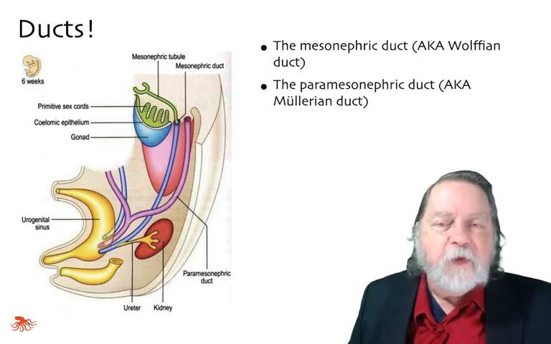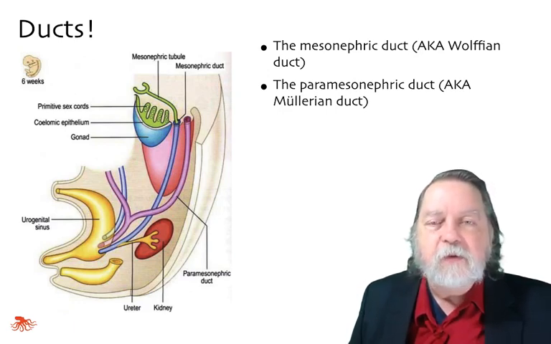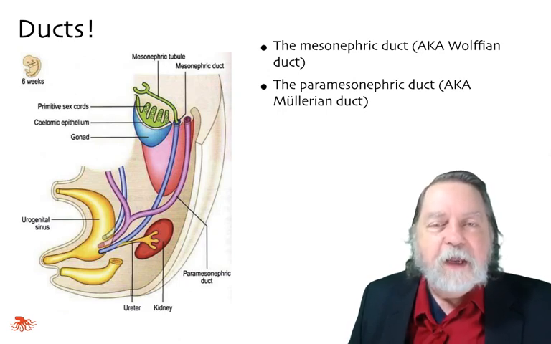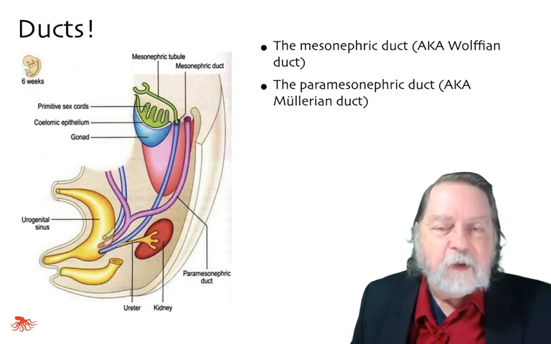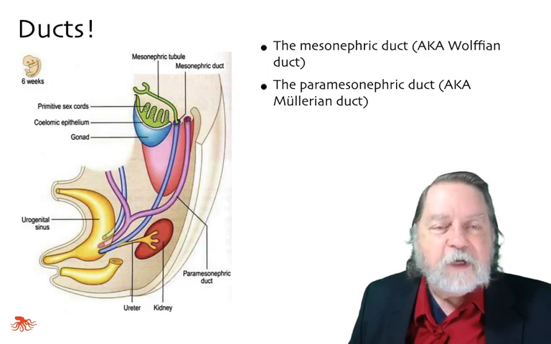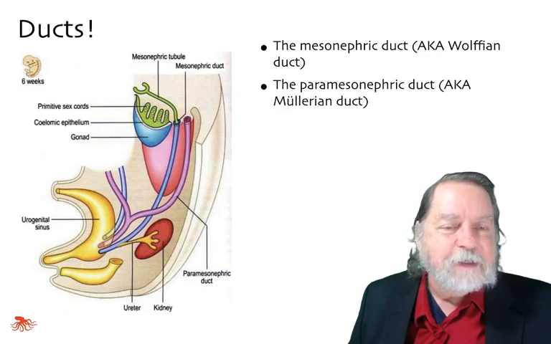Okay, so what you see here is in blue, there's a tube. That's the mesonephric duct. And what that does is it is the duct that connects that primitive mesonephros, that kidney, to the cloaca, or the urogenital sinus as it's called here. So this is part of the filtration system. In some ways it's kind of like the urethra in an adult.